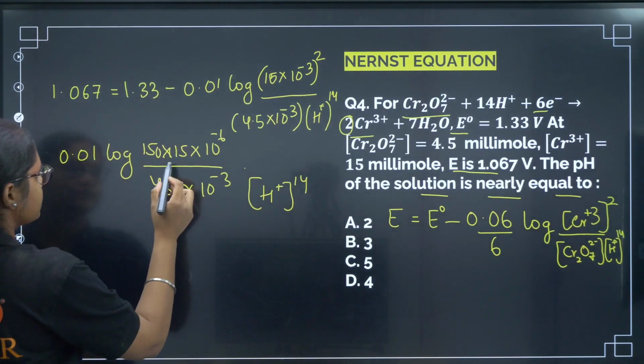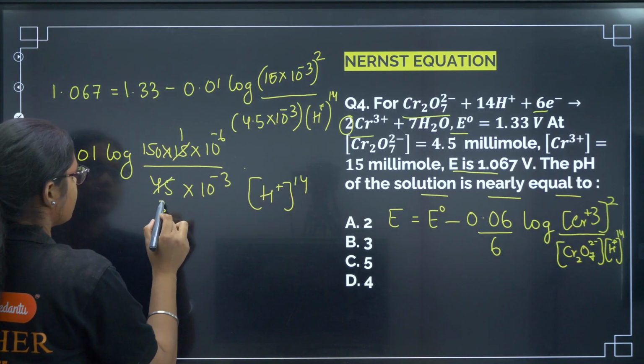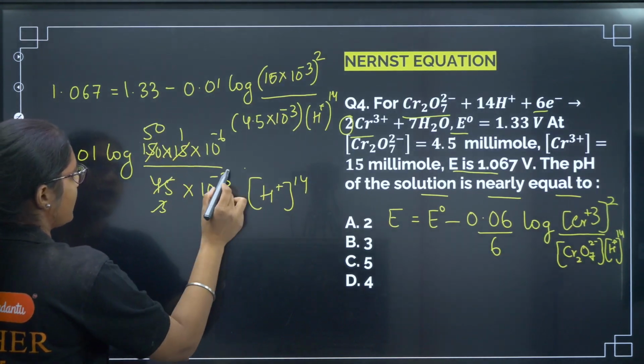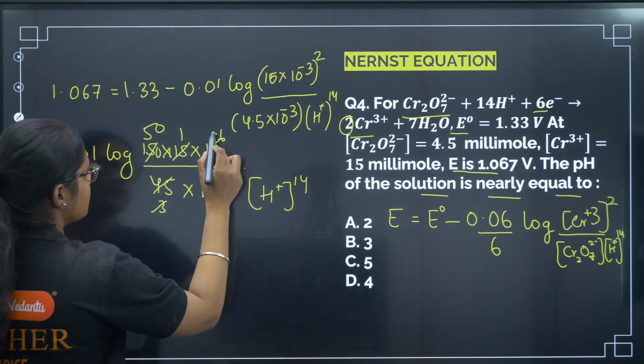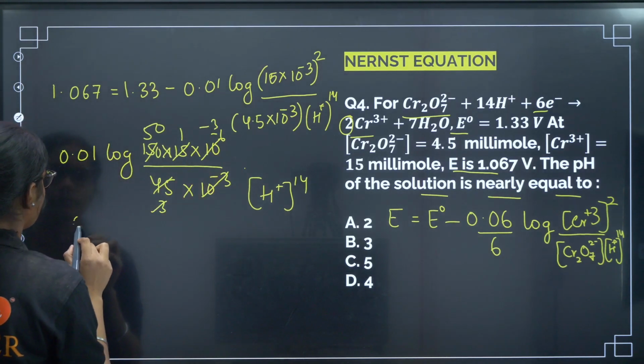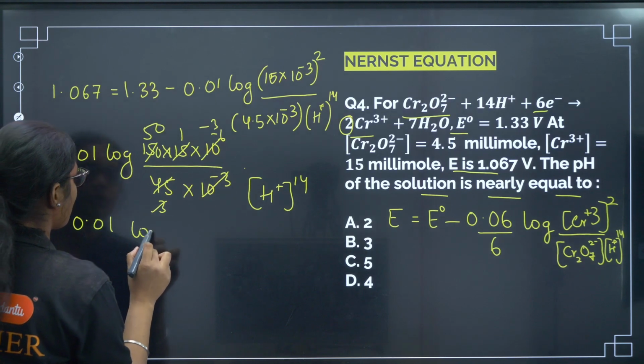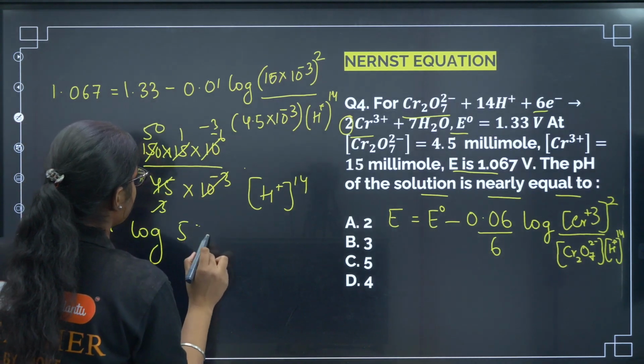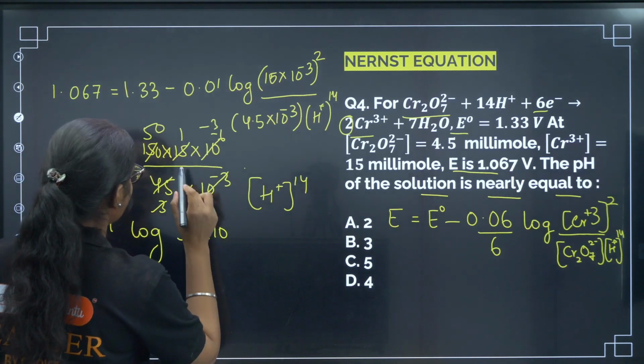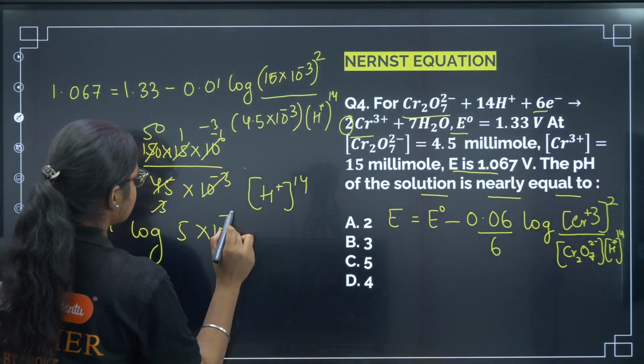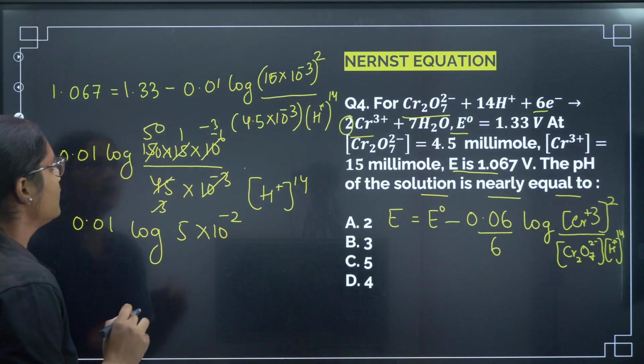So if we solve this one, 15, 3, then we have 50, and here I can write it as minus 3. So 0.01 log of 5 into 10 to the power of minus 2. I'll get this value, right?